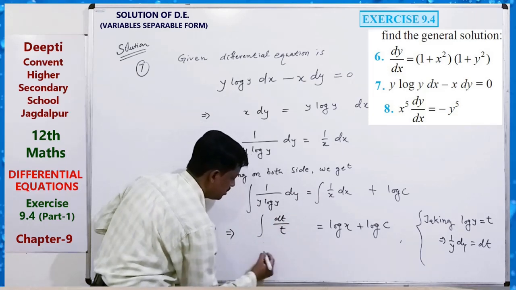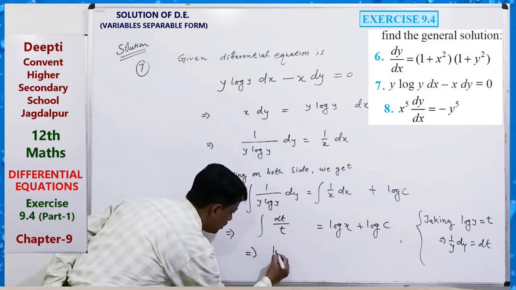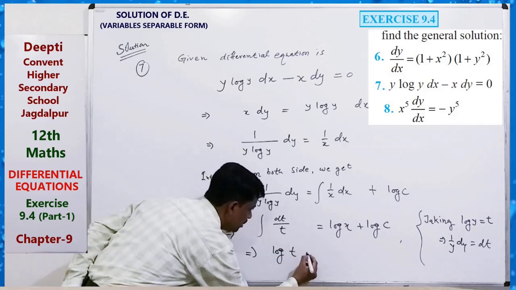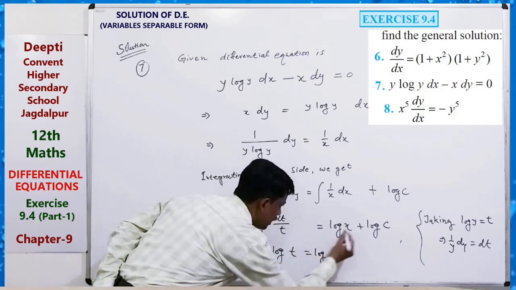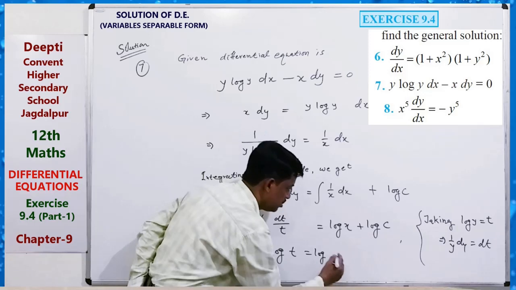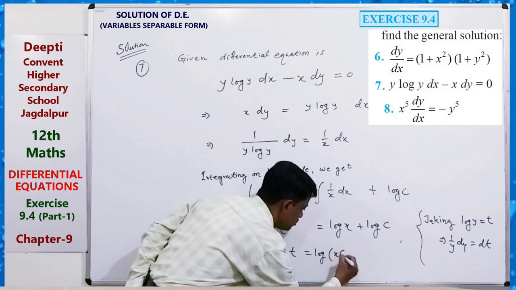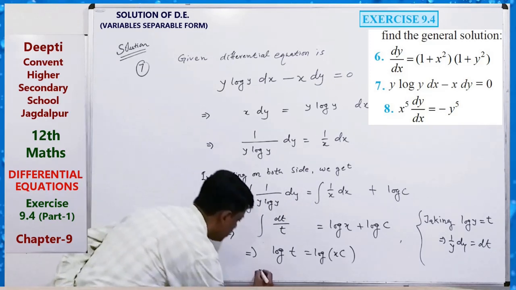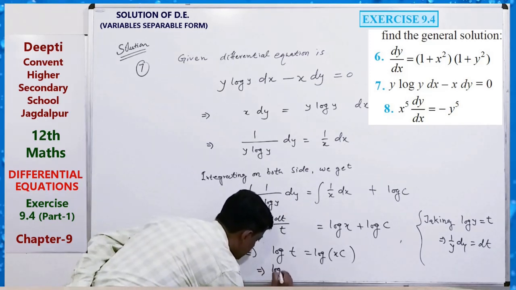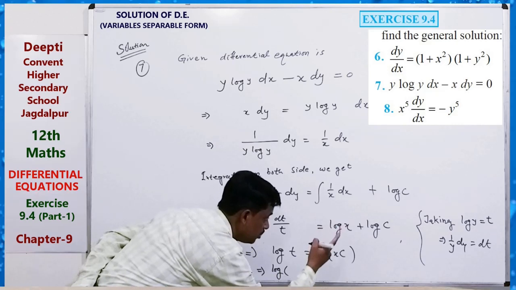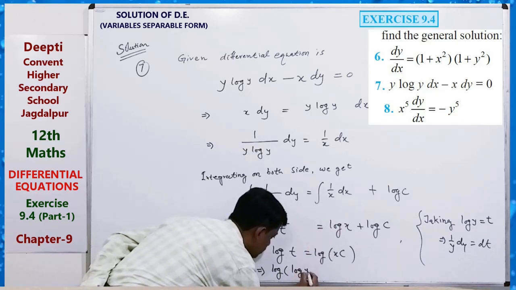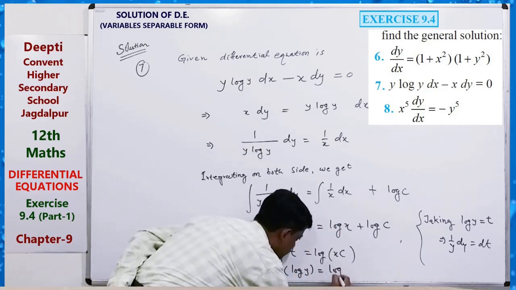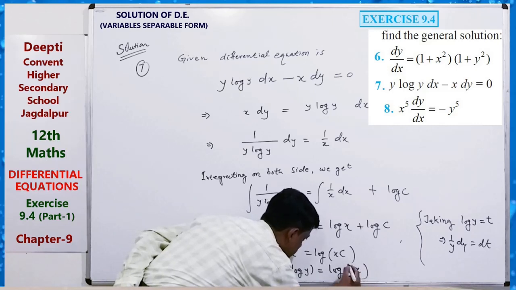So finally, log of t equals log of x into c, since log a plus log b is log ab. Okay, so t means log y, so log of log y equals log of the constant c into x.